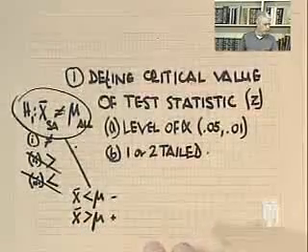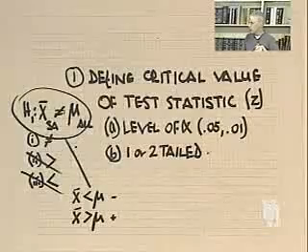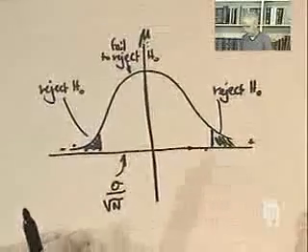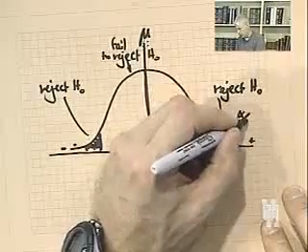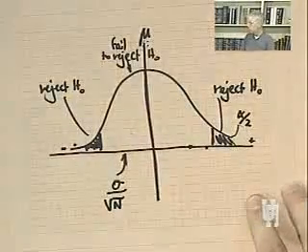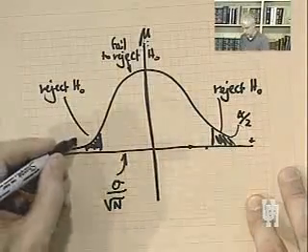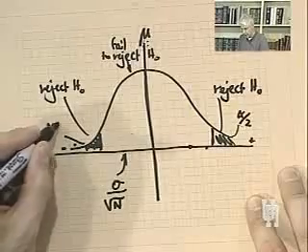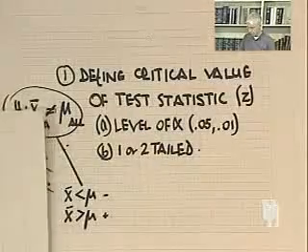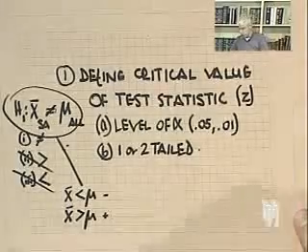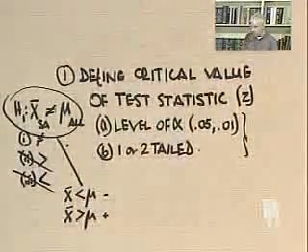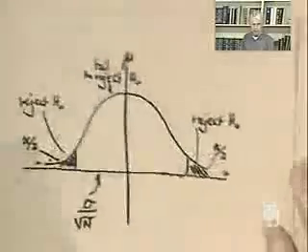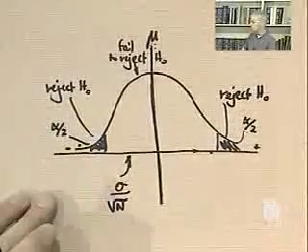Which means that if alpha is 0.05, you deploy half of that, 0.025, at the positive end of this distribution and half of it at the negative end of the distribution. Having done those two things, we can now decide the critical value of the test statistic. Let me ask you this.